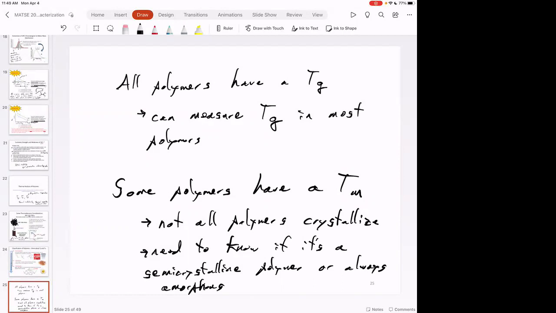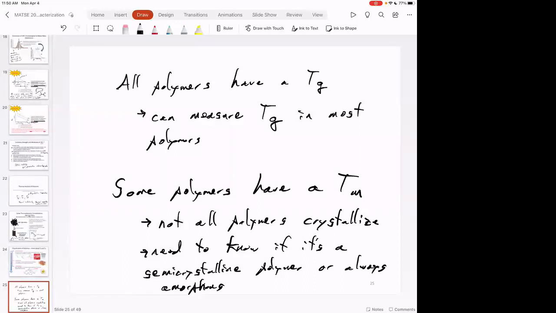And crystals love regular structures, or regular structures love crystals. Polypropylene, when you make it using Ziegler-Natta polymerization or coordination catalyst, isotactic polypropylene is a great crystallizer. But if you make atactic polypropylene using high pressure free radical polymerization, it's amorphous. So when you lose the tacticity, you get amorphous polymer.